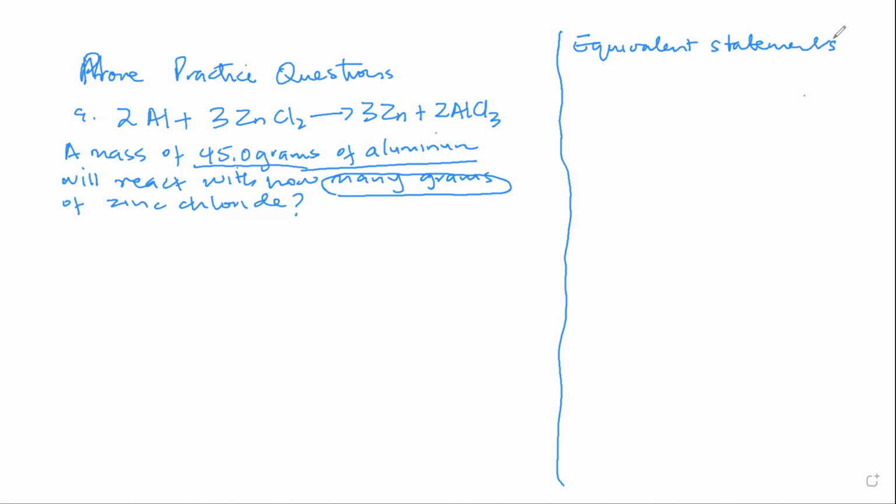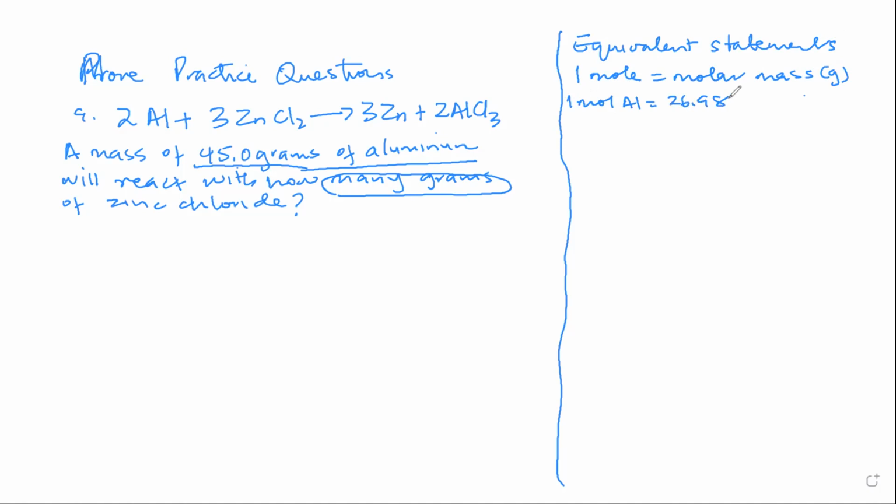So we are going from grams of aluminum to grams of zinc chloride. So we have to convert to moles. 1 mole equals the molar mass. That's the equivalent statement. So we have to find the molar mass of aluminum, which is 26.98 from the periodic table.